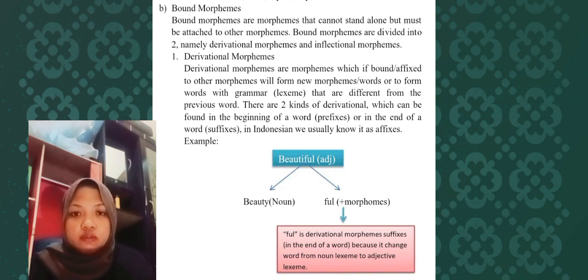Example: beautiful is an adjective when it is in the form of beauty, which is a noun, while full is the derivational suffix at the end of a word because it changes the word from a noun lexeme to an adjective lexeme.